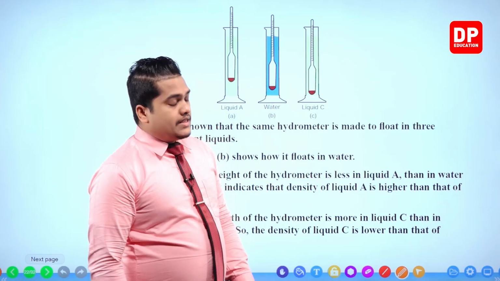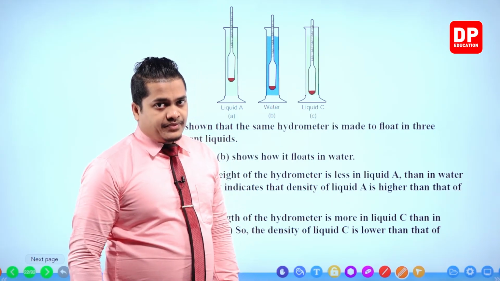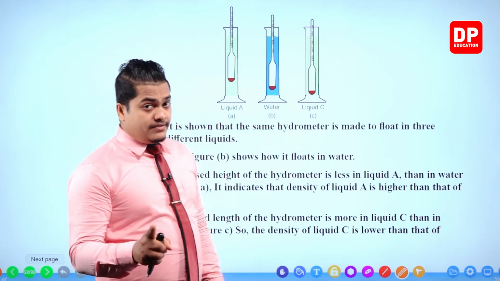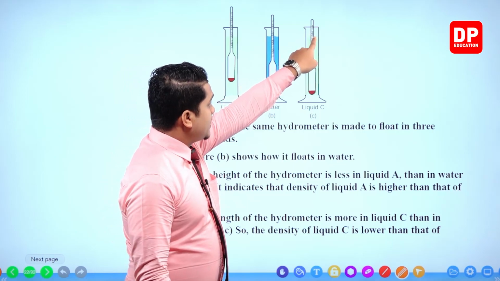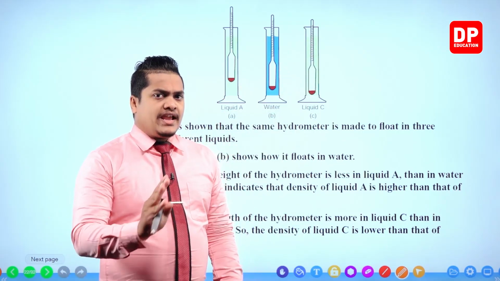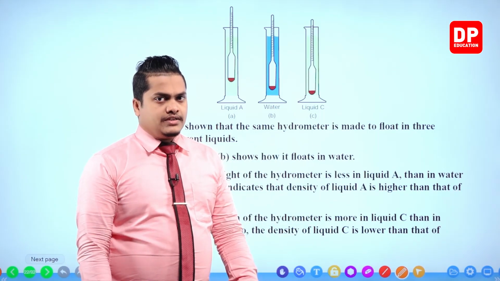So therefore, liquid C has the lowest density of these three. Okay, right. So if you want to know the value, then you go for the scale over here. Okay, we'll be doing an activity to measure the densities when you go further with the lesson.